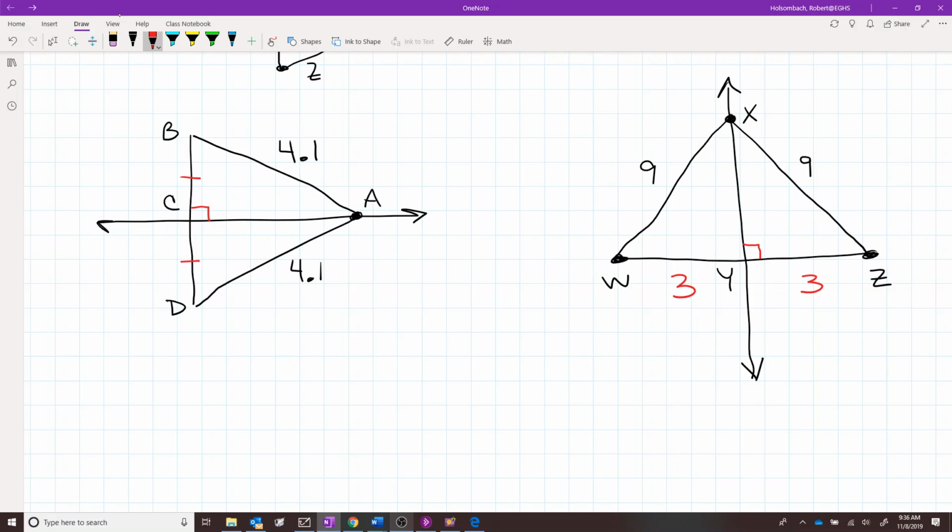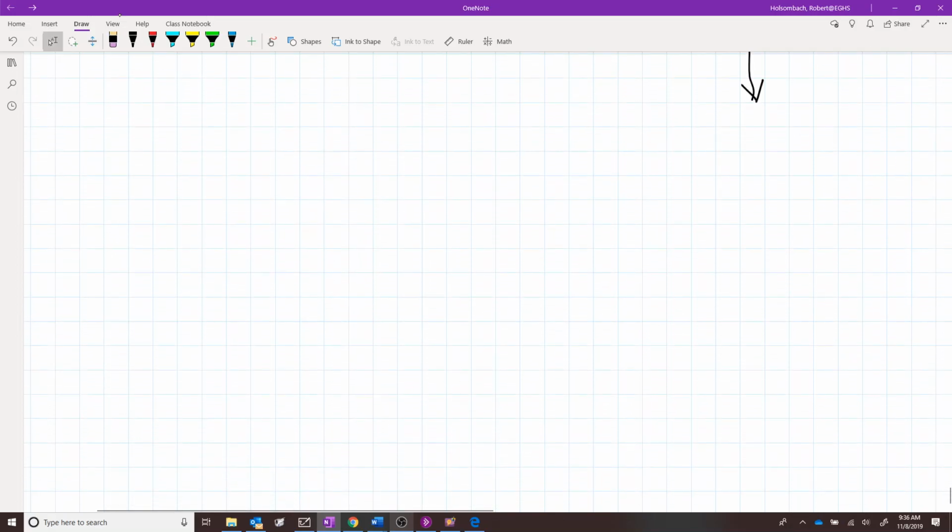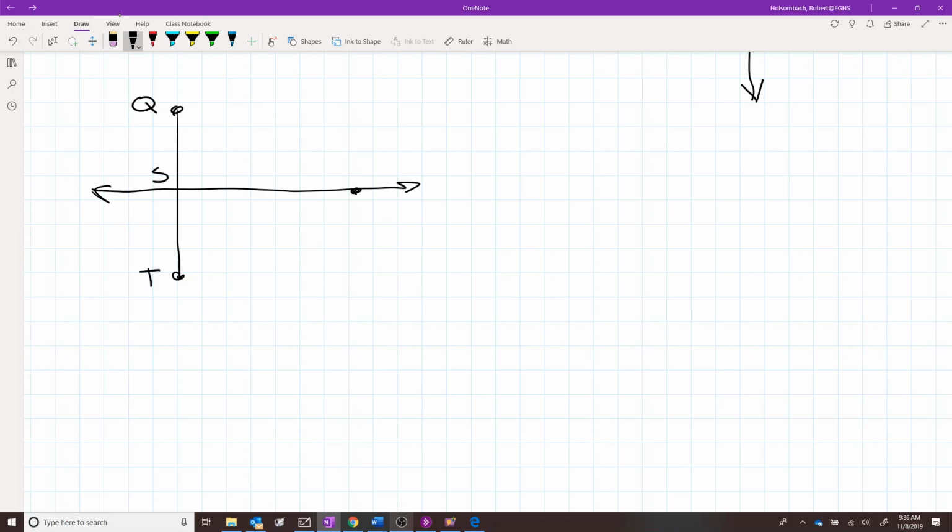Alright, let's do one more of these with where you've got to write an equation. It's going to be example C on that same page. You've got a vertical segment intersected by a horizontal line. The endpoints of the segment are Q and T. Point on the line is R. Q to R is 2x plus 3. T to R is 4x minus 7.